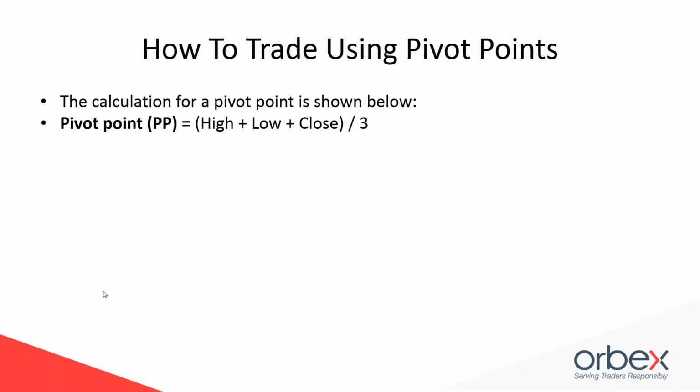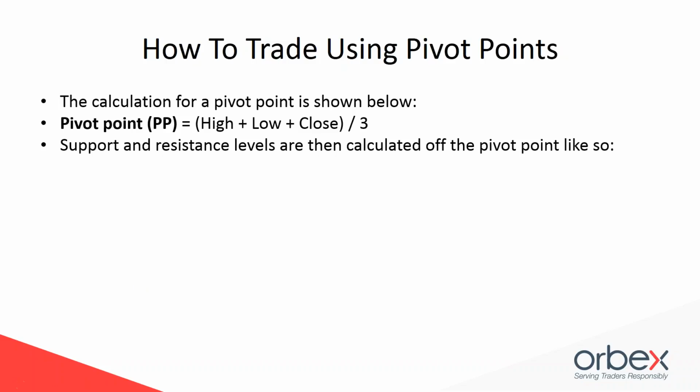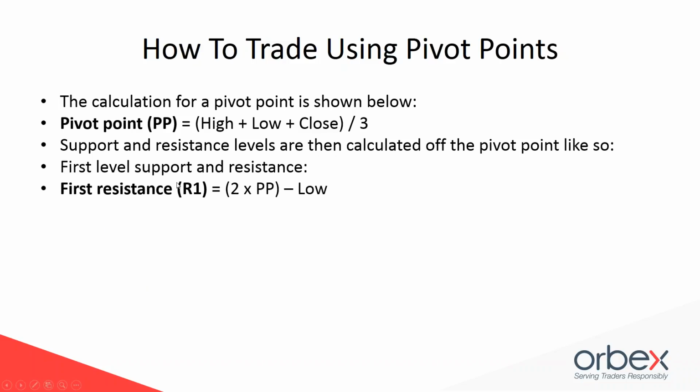After you get the pivot point, you start calculating the support and resistance levels, which are also calculated off the pivot point. The first resistance level we call R1, resistance 1, it's all up to you.